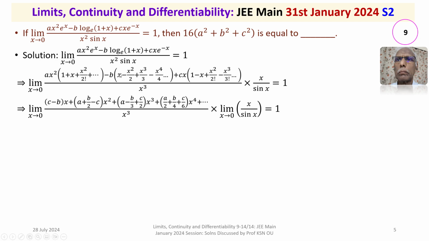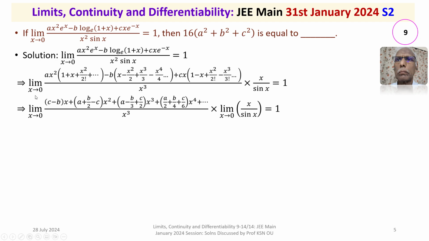Collect the coefficient of x cube from the above, you will get a minus b by 3 plus c by 2 into x cube, plus the coefficient of x to the power of 4 and so forth, into limit x tends to 0 of x by sin x is equal to 1.